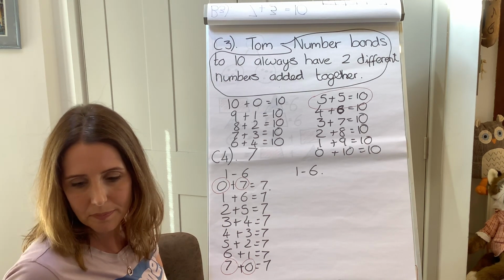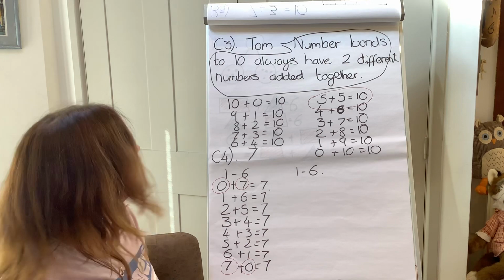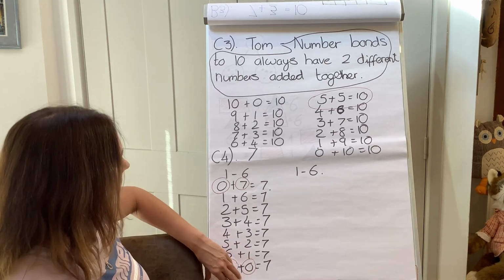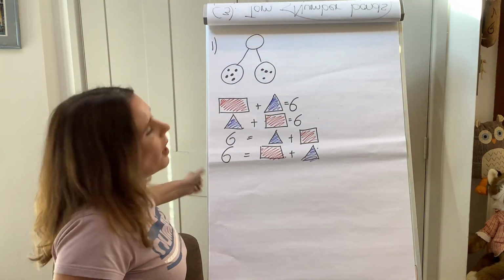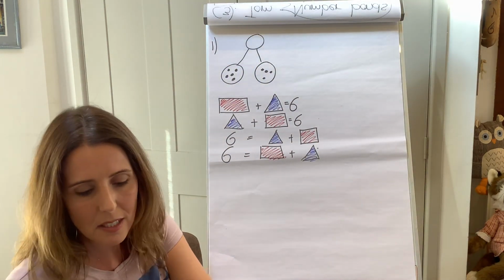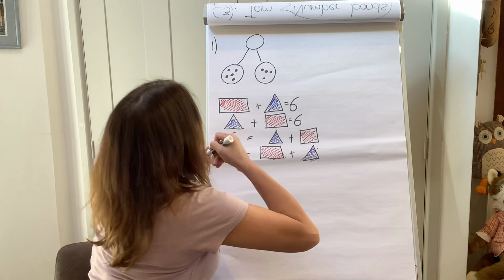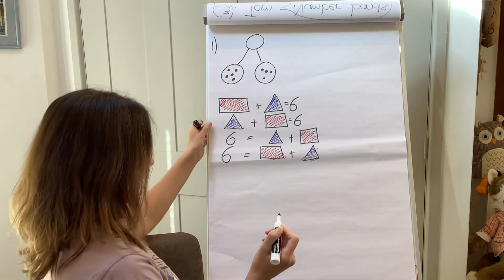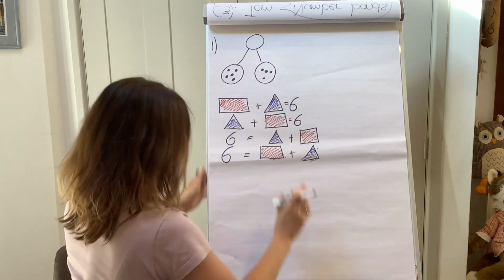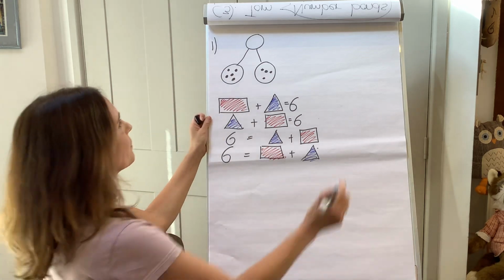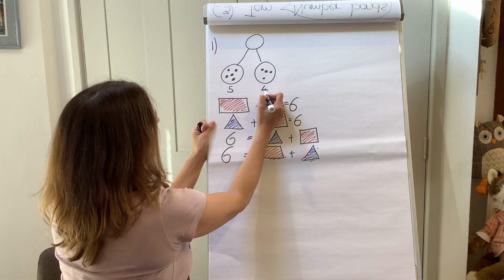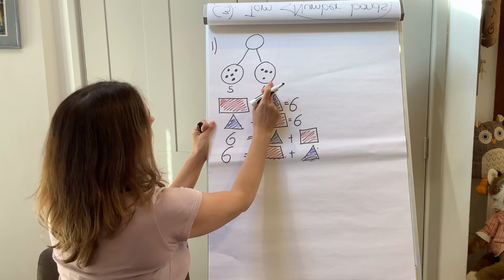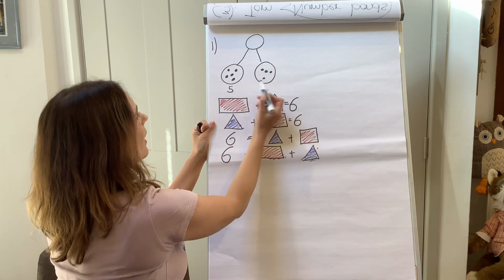Okay, the next one. Hopefully you've been practicing playing the game. One of the other challenges was to use the part whole model and to find 4 addition number sentences to make the addition family for this part whole model. So we've got 5 here and 4 there. So 5 add 4, well I know there's 5 there.